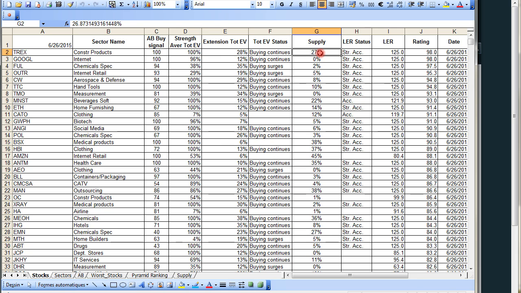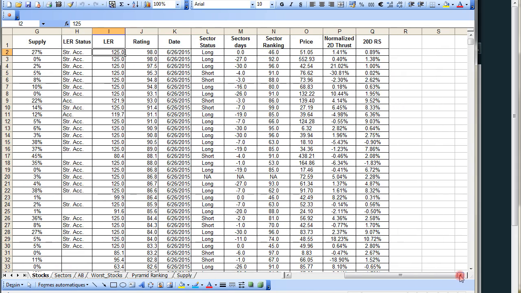You have the supply level, how much propensity people have to sell stock. You have the large effective volume ratio, which is between minus 125 and plus 125, and so on. You have the sector status, the sector ranking, and of course you can start sorting all this information.